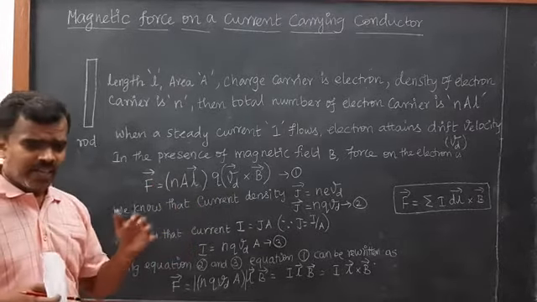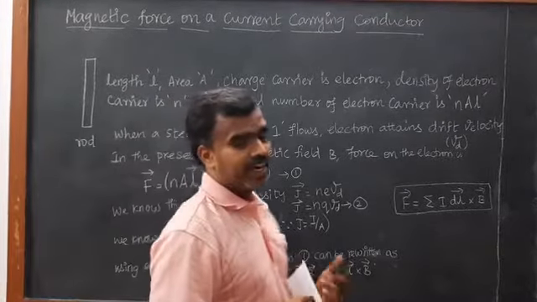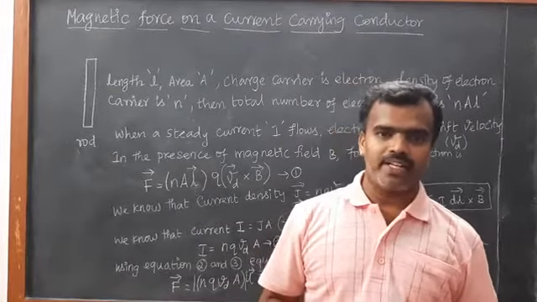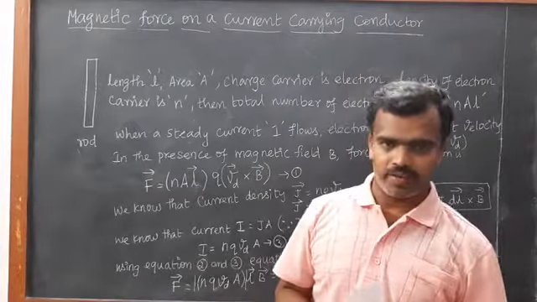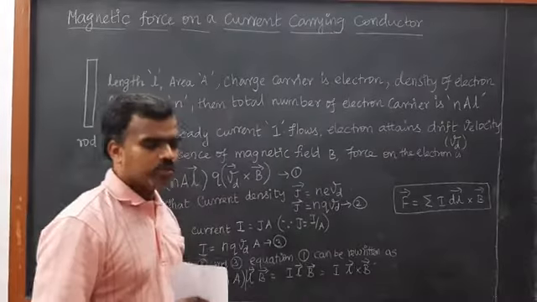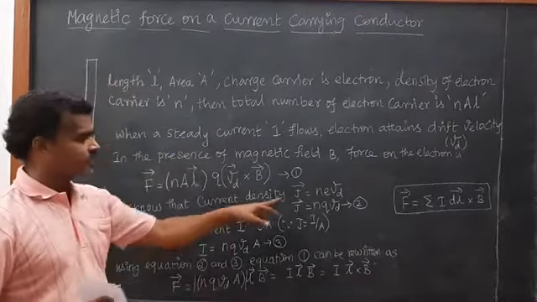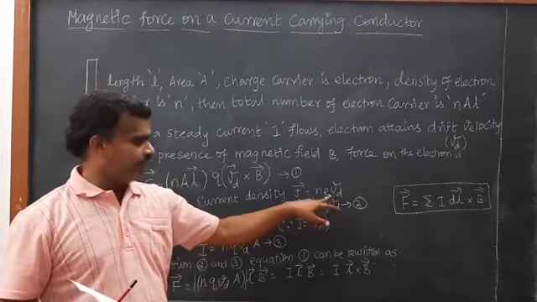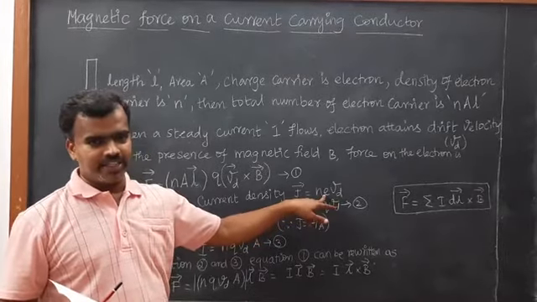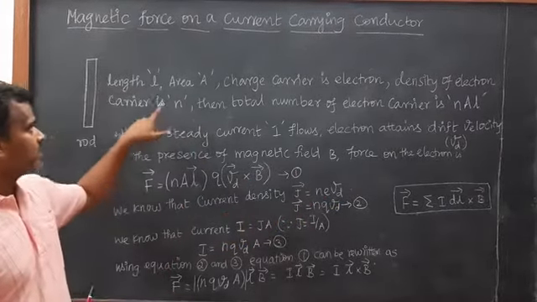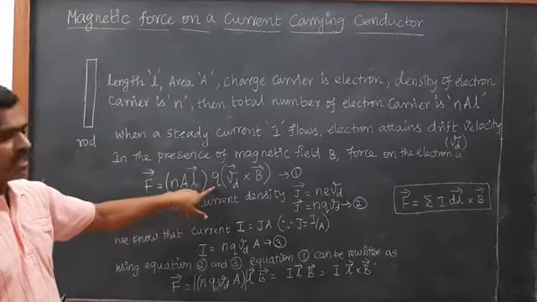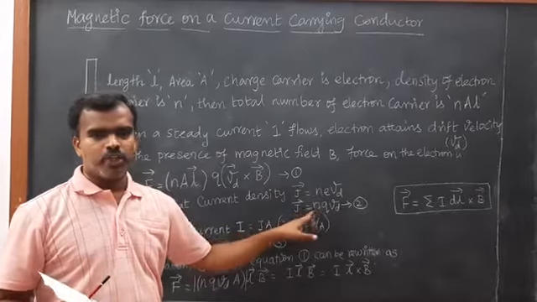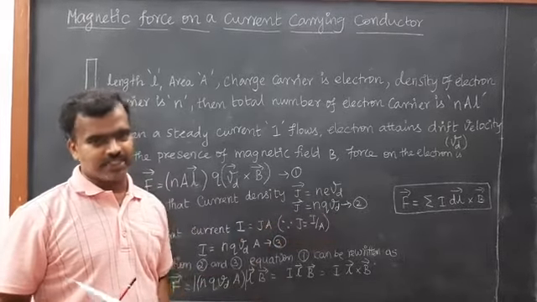In the last chapters we studied the current density J is equal to n e v_d, and also J is equal to I by A. Here we have chosen q as the charge instead of e, so J is equal to n q v_d, the current density.